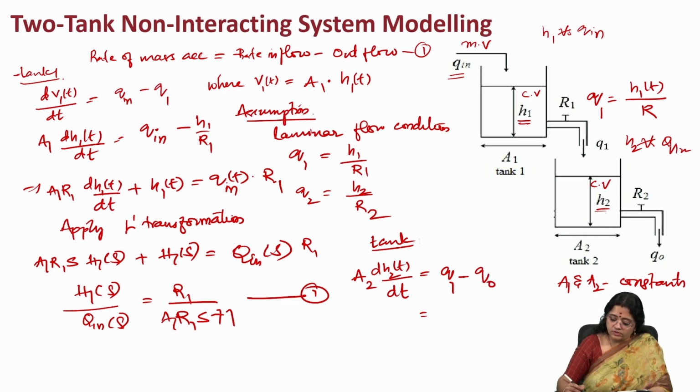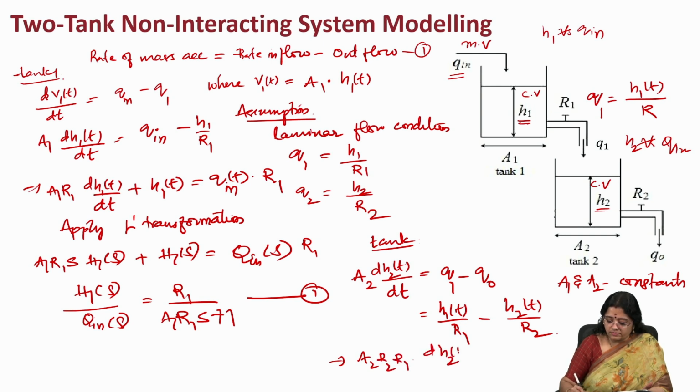So Q1 we already know, which is a derived parameter, H1 of t by R1, minus Q0 we already know, this is a derived variable, H2 of t by R2, and this becomes A2 R2 R1 dH2 of t by dt is equal to R2 times H1 of t minus R1 times H2 of t.